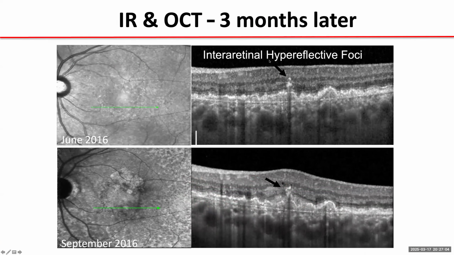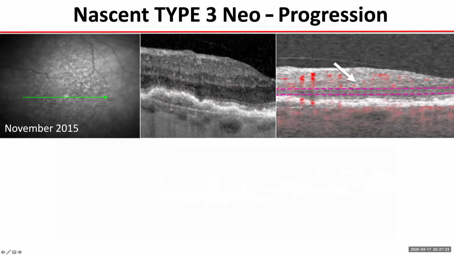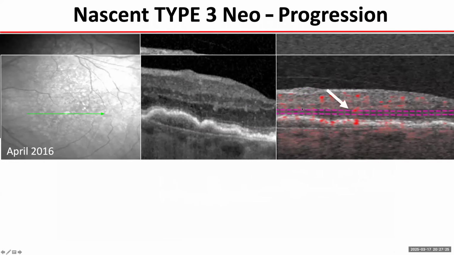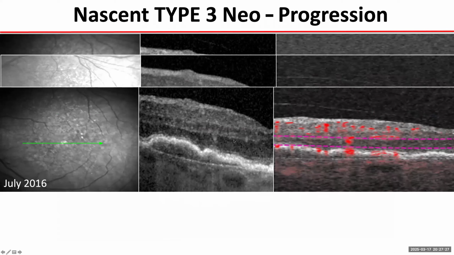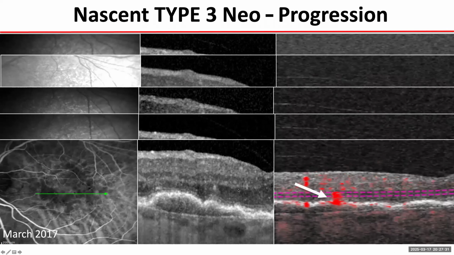These intraretinal hyperreflective foci correspond in some cases, not all of them, to a nascent type 3 with a flow inside. So we have to follow up this lesion and observe it frequently in order to be sure there is no exudative switch on this lesion, and in this case we have to treat them really promptly.